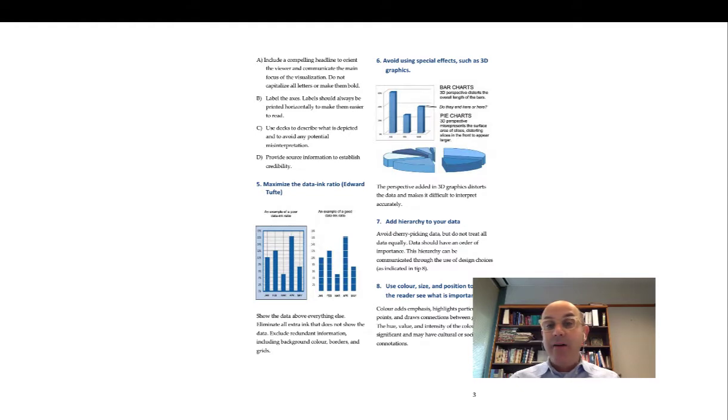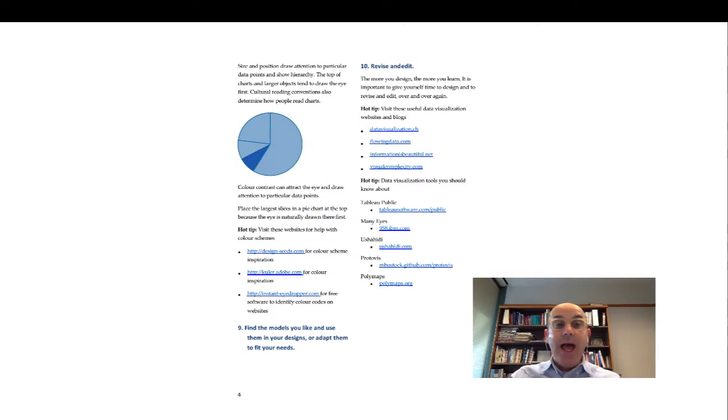Rule 7, avoid hierarchy in your data, and again they use Tufte's recommendation on that, and I want you to think about that. And 8 is use color, size, and position to help the reader see what is important, and this is really important.